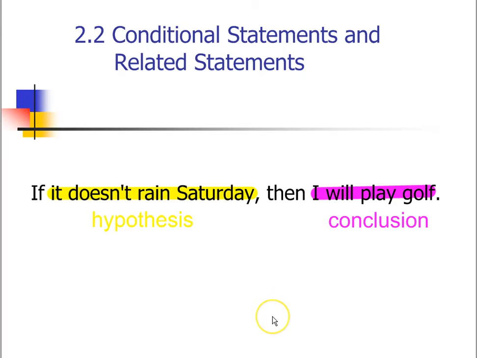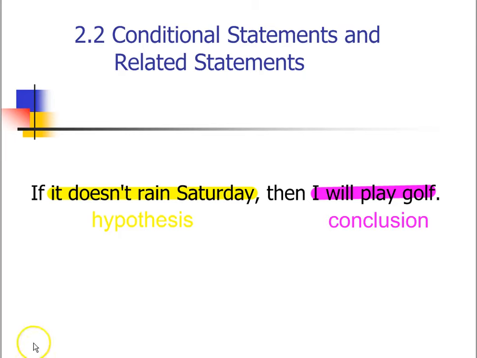So it doesn't matter what order they come. Like I just said, it could have been, I will play golf if it doesn't rain. It doesn't change the fact that I will play golf is the conclusion, and the hypothesis, the condition part, is the rain on Saturday.